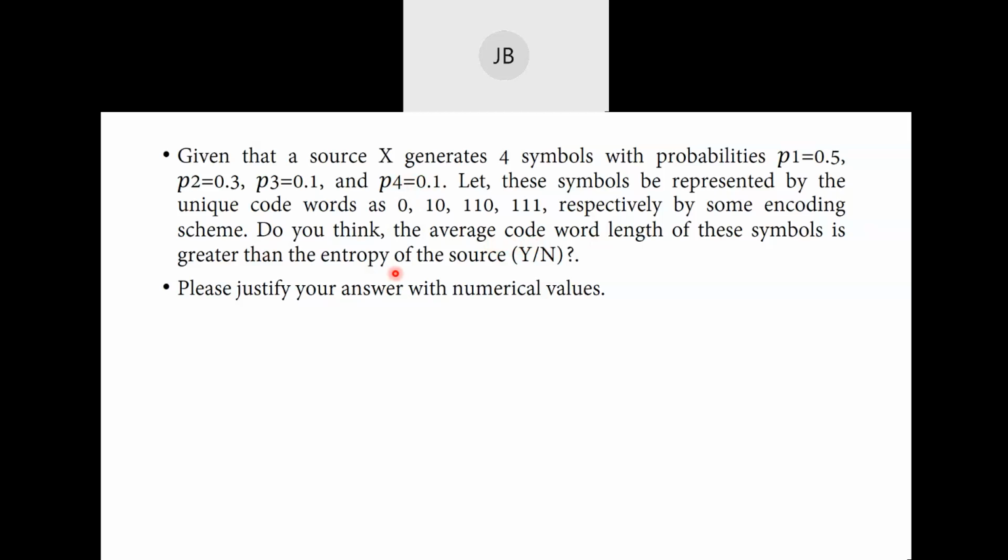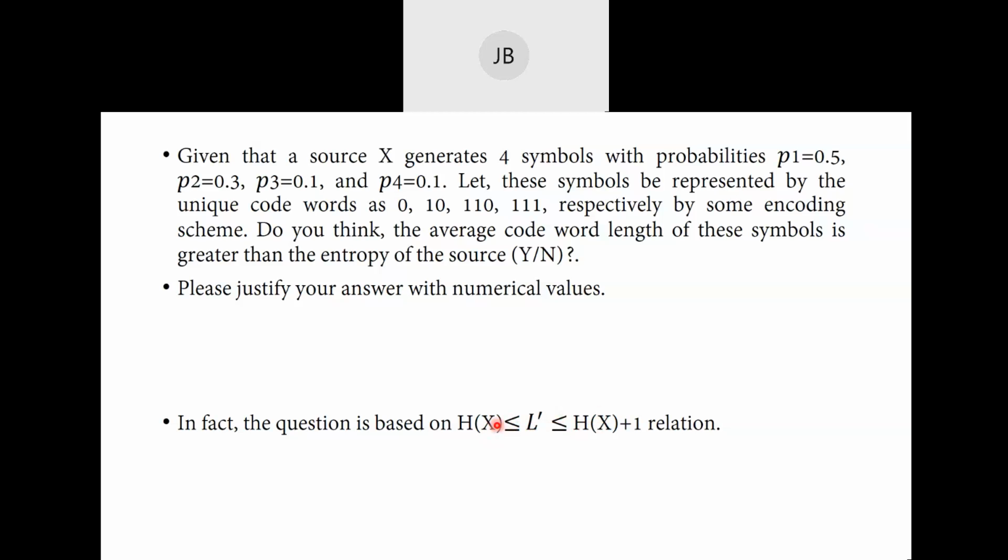To solve this, we need some theoretical knowledge. The main concept to remember is that the average code word length L prime is greater than or equal to the entropy, and it is smaller than or equal to entropy plus 1.